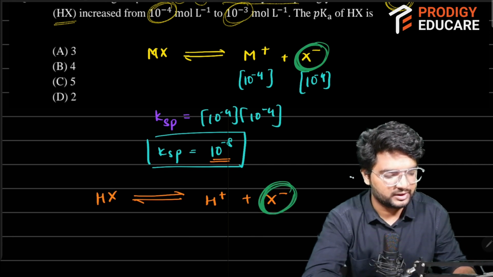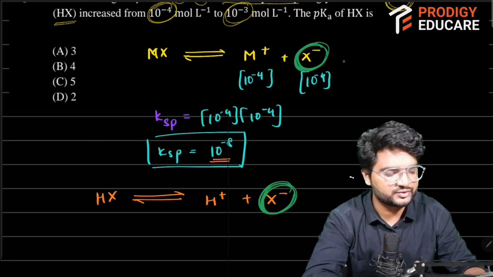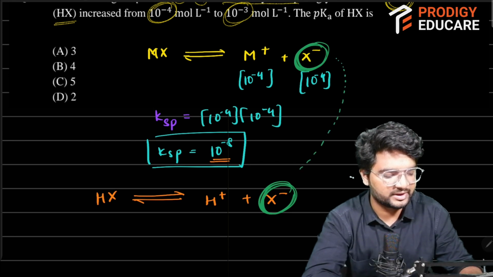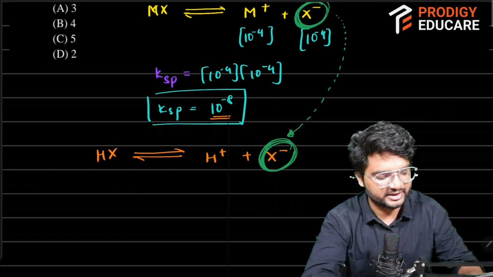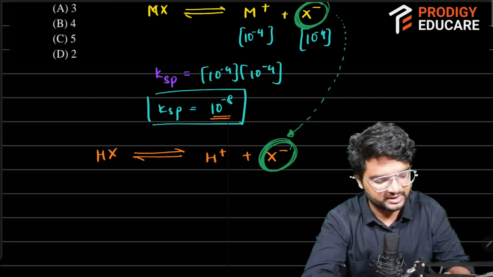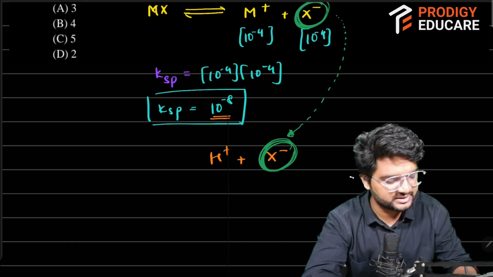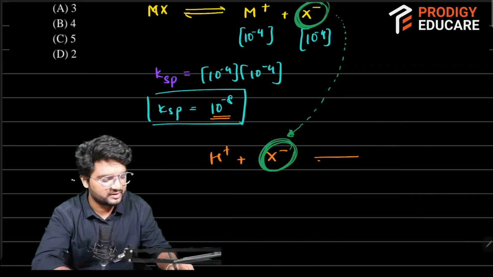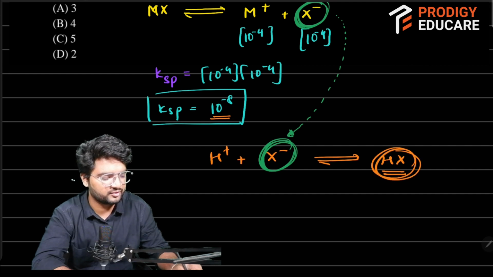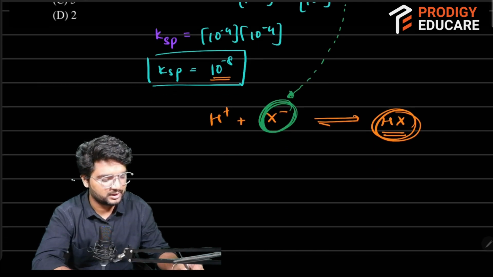So the limited amount which will be left from this MX will then go to the formation of HX. Ultimately we have to write it this way: H plus plus X minus will be getting HX. So this weak acid is actually forming. Here the concentration of HX we don't know.